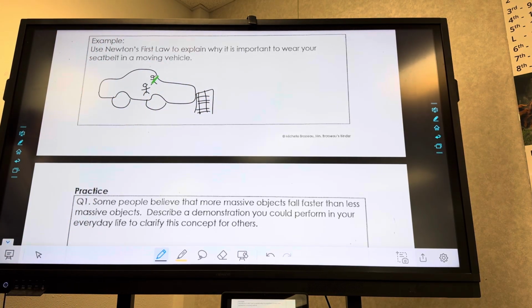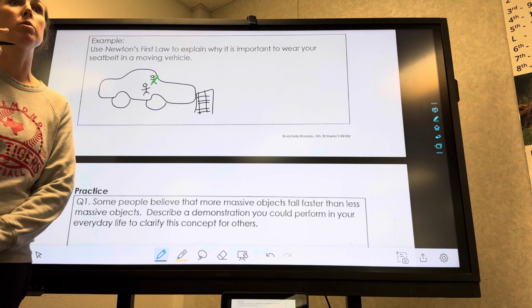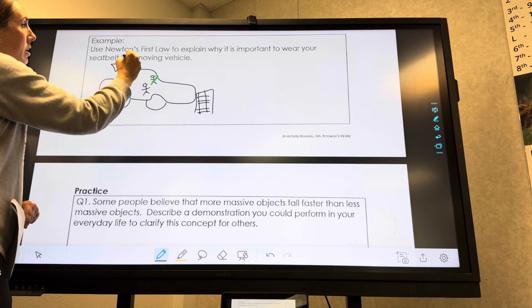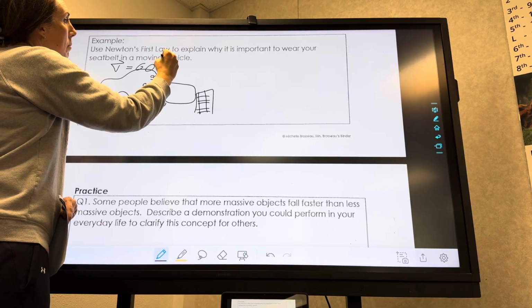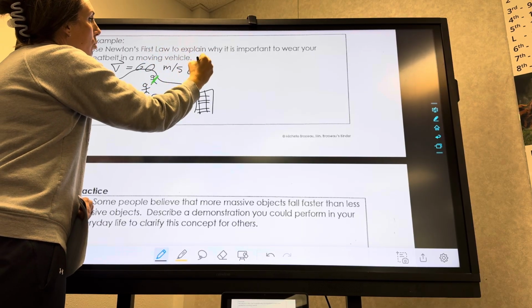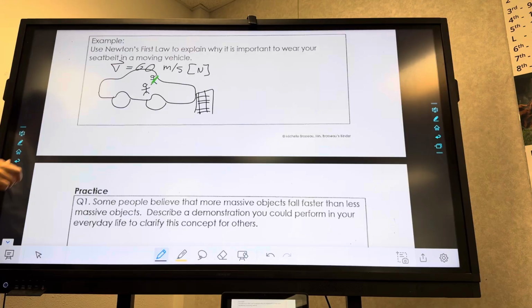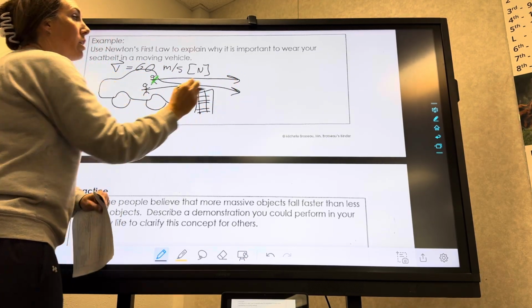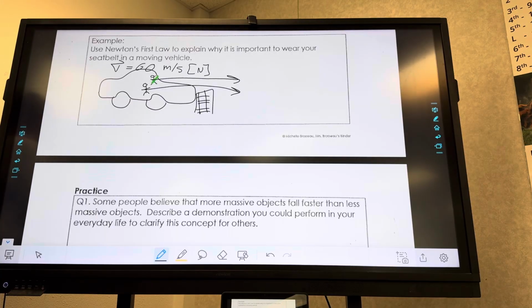So use Newton's first law, aka an object wants to keep on doing what it's doing. We'll say that this car had a velocity of 60 meters per second northward.